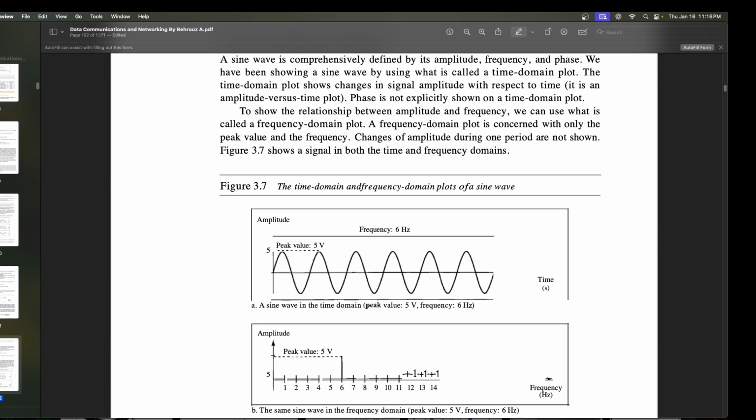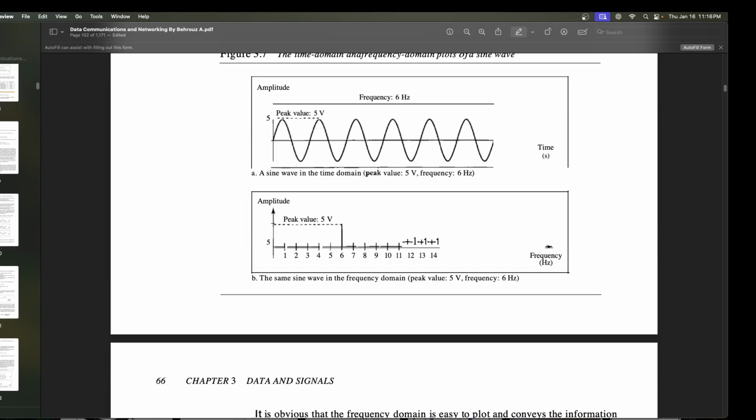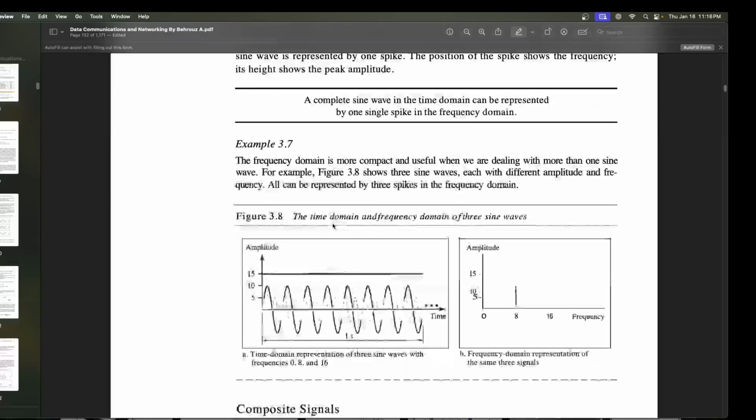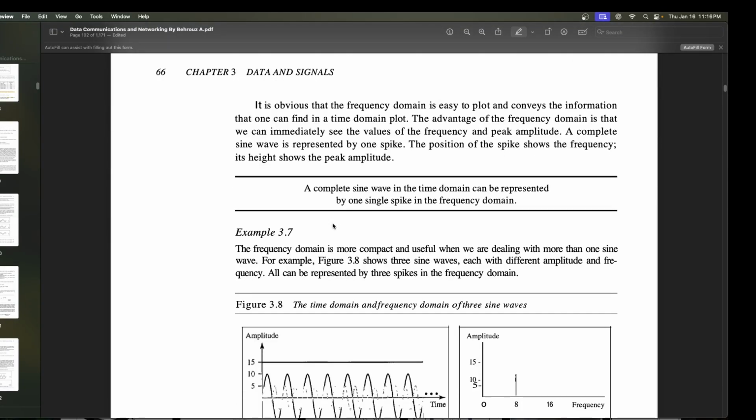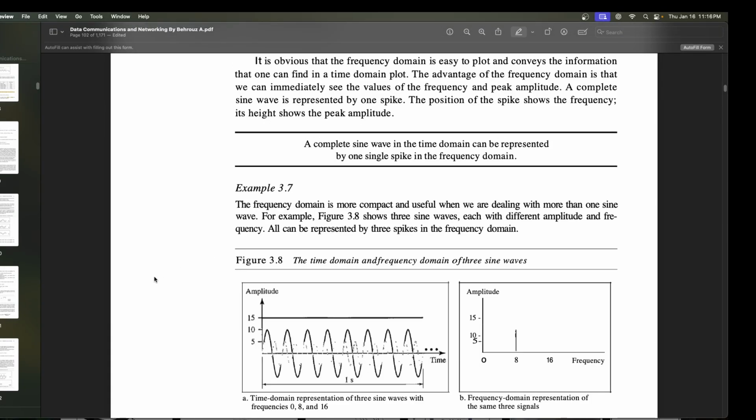The frequency domain plot is concerned only with the peak value. So this is the peak value, and this is frequency. The peak value is how much? It's not exactly 10, but nearby 10.